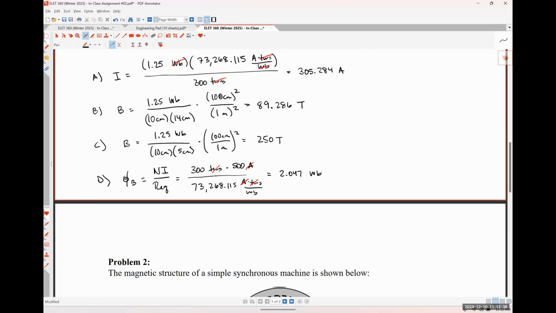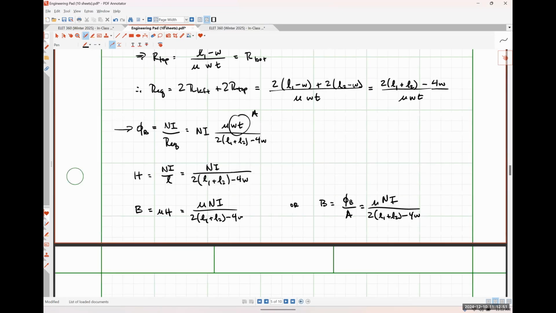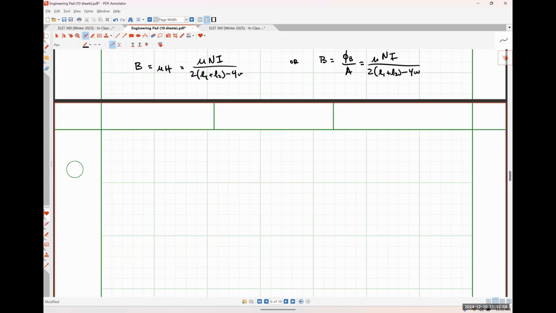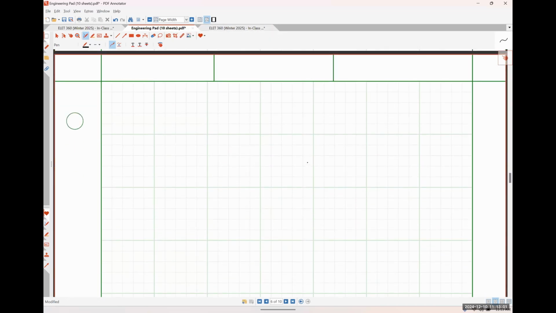Okay, so that one was a fairly straightforward example. Let's look at a shape a little bit different, okay? Actually, before I tab out of that, are we all okay with that? Okay. So let's look at a different core shape.